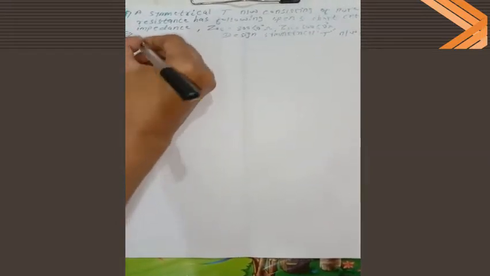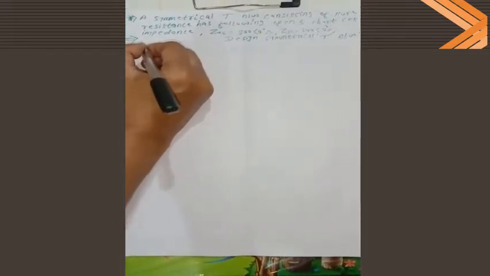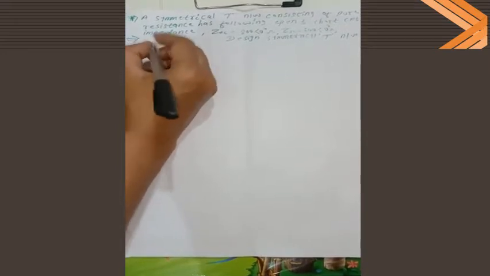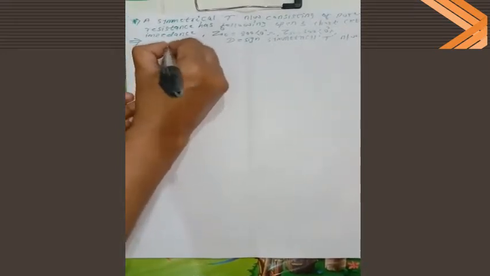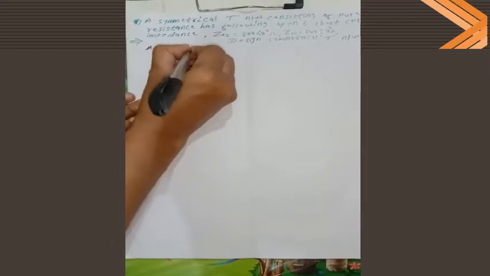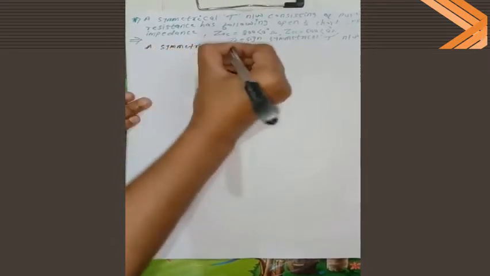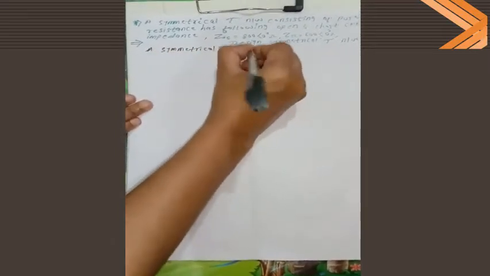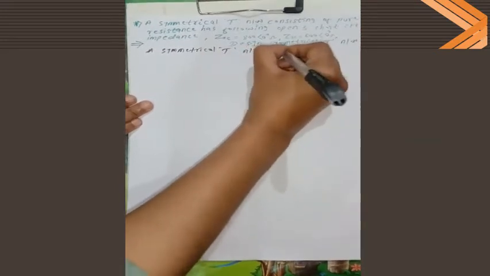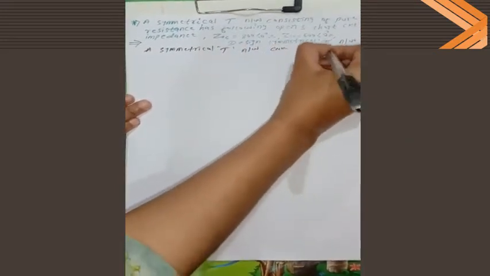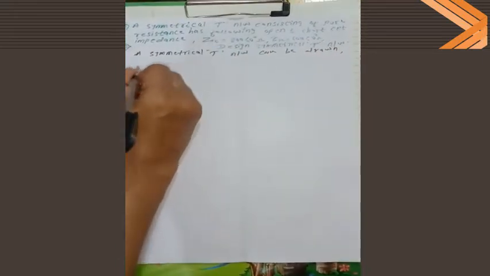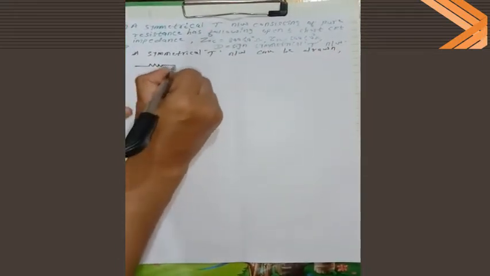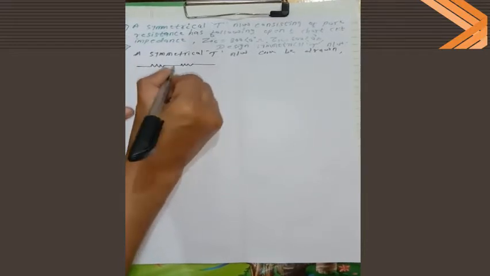So how can we start? A symmetrical T network can be drawn. How can we draw that one? We know very well, by observing this circuit we can easily identify our T network.